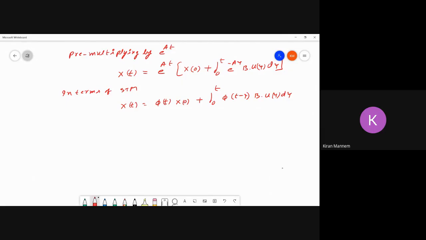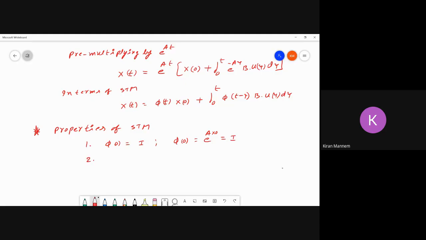So let us look at the properties of STM. This is a 2 marks question. Properties of STM, right? The first property, phi of 0 is equal to I. So what is that? Phi of 0 would be e power A into 0, so that would be I here.